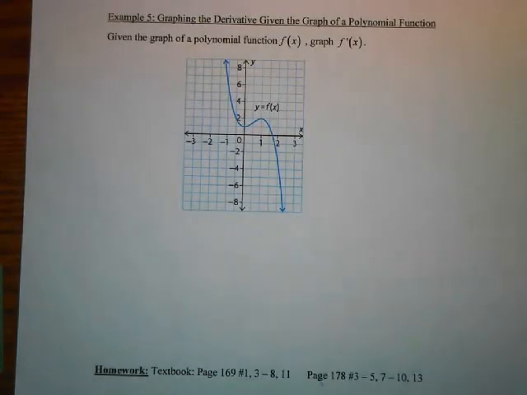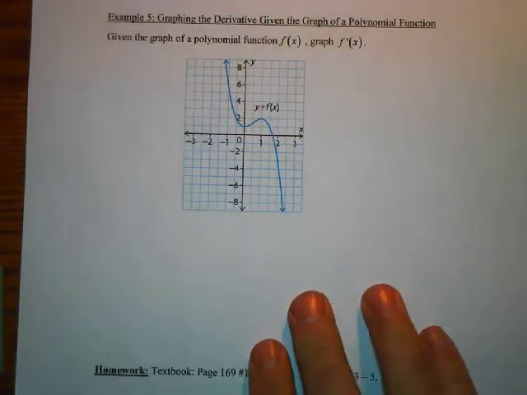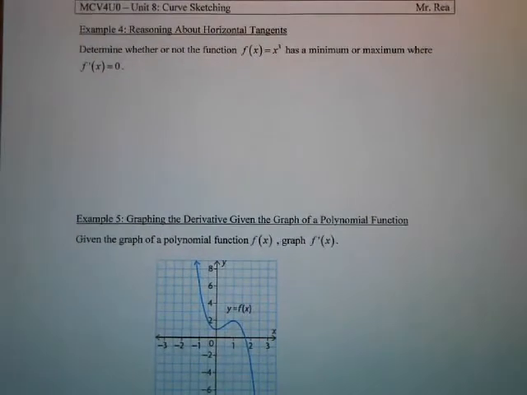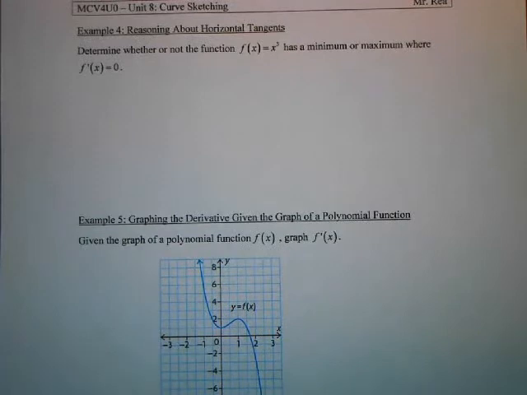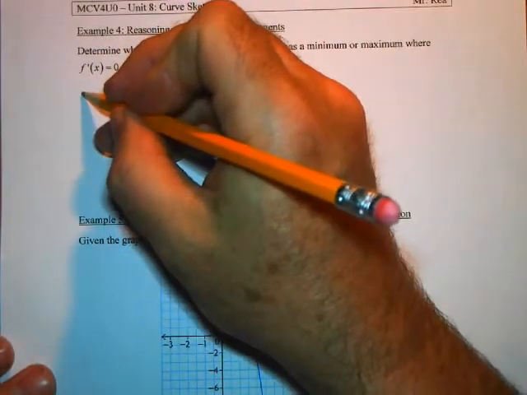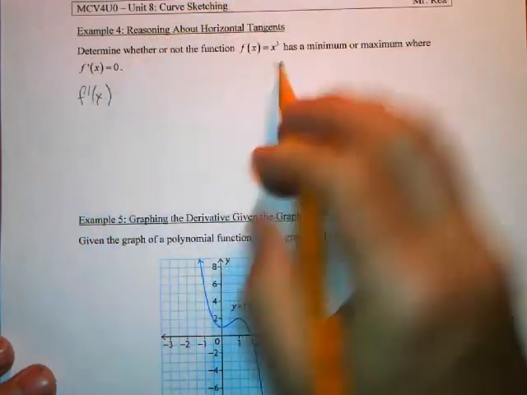All right, last couple. These should be quick. Determine whether or not the function f of x equals x cubed has a minimum or a maximum where the derivative is 0. We kind of looked at this a little bit, but the derivative would be 3x squared.